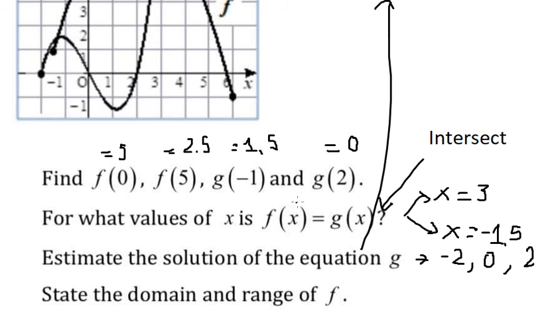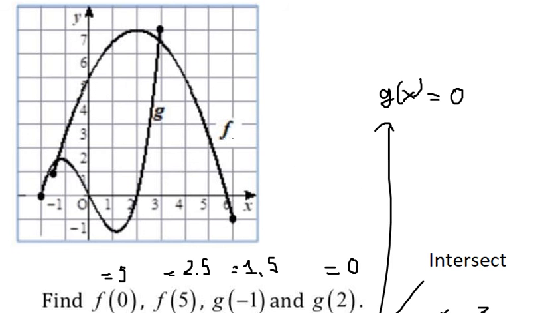Question number 4. Find the domain and the range of f. We see that f starts at negative 1.5 and stops at s equals 6. So the domain of f, I will write as D, equals negative 1.5 to 6, and we know that this is a square bracket.